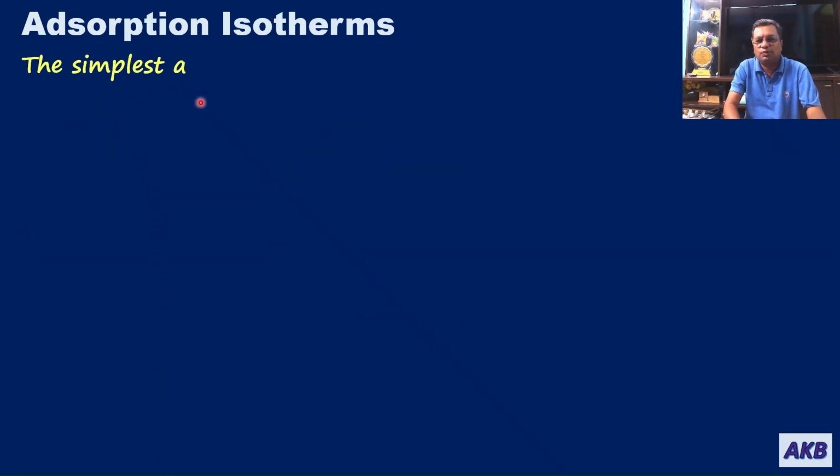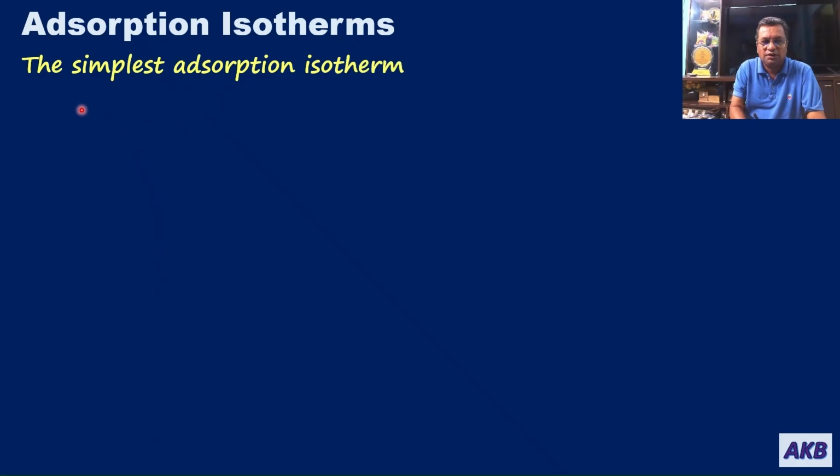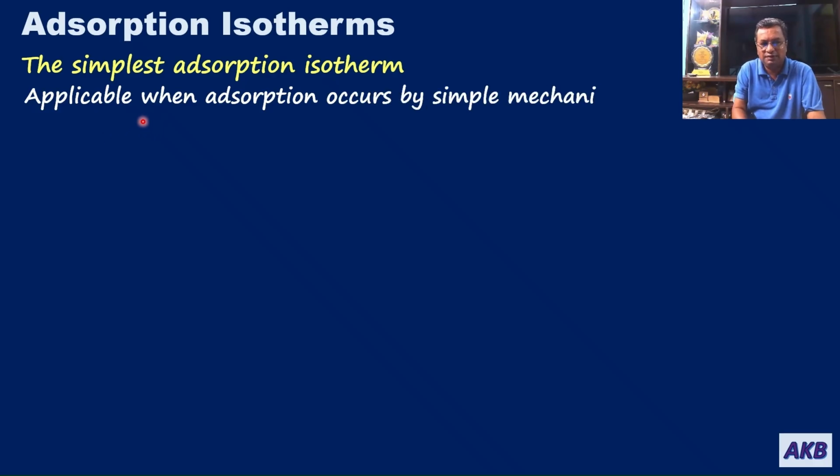Now let us talk about various adsorption isotherms. The first one is the simplest adsorption isotherm. I have discussed it in one of my earlier videos. Link to the entire playlist is available in the description section. The simplest adsorption isotherm, even though it is simple, is applicable when adsorption occurs by simple mechanisms, and such simple mechanisms are associated with very few systems.